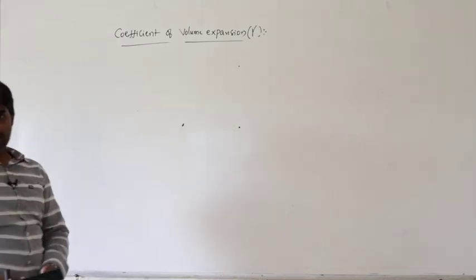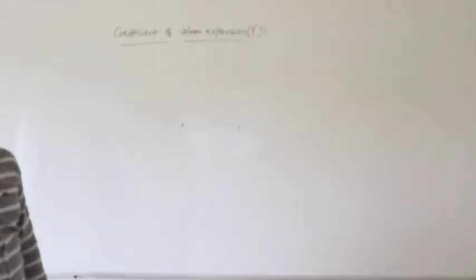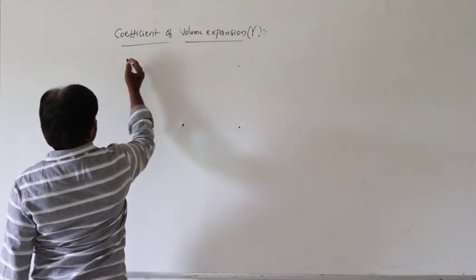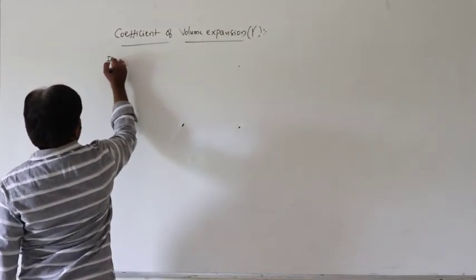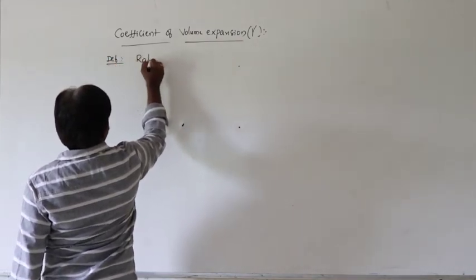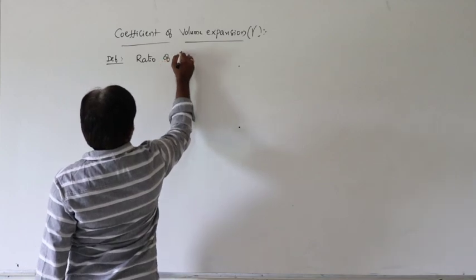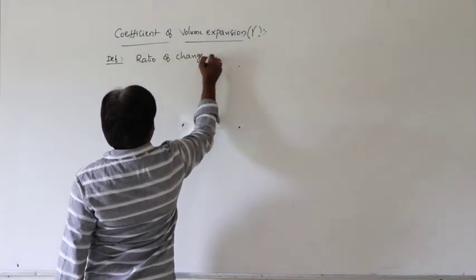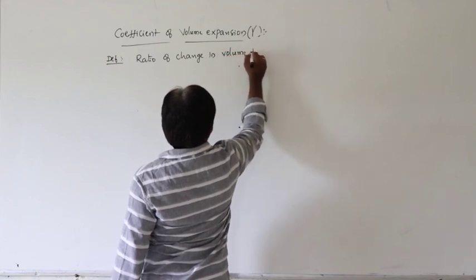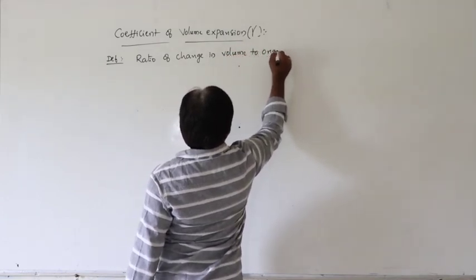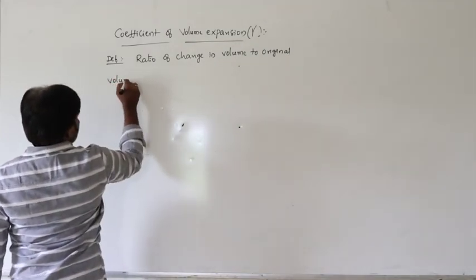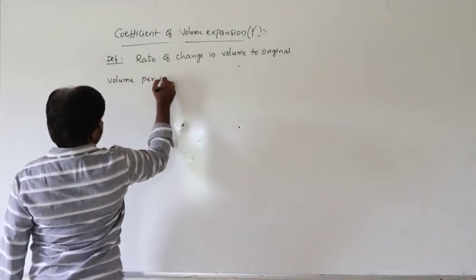How can you define the coefficient of volume expansion? Let us say the definition: ratio of change in volume to original volume per unit rise in temperature.